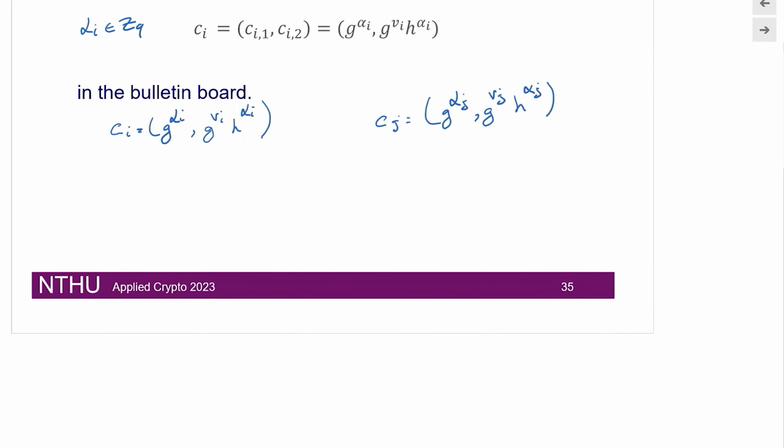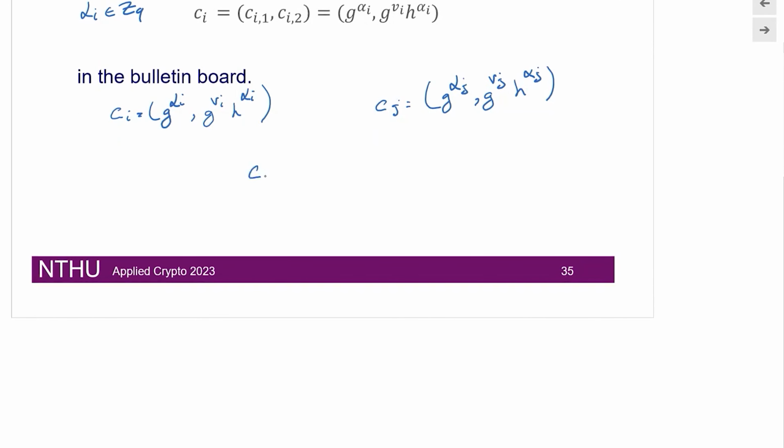So if I compute CI times CJ, what I will get is G to the alpha I plus alpha J, and then G to the power VI plus VJ times H to the power alpha I plus alpha J, right?